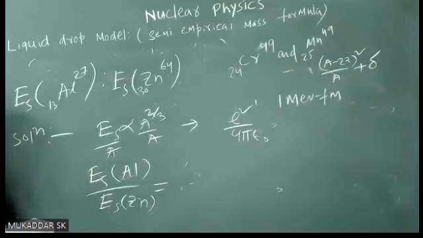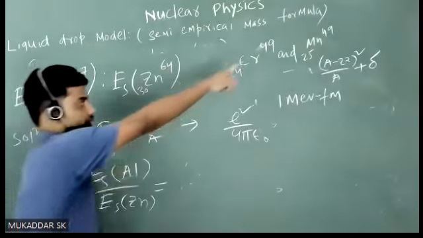Can you solve it? Calculate the radius of the manganese nucleus, manganese 25, 49.